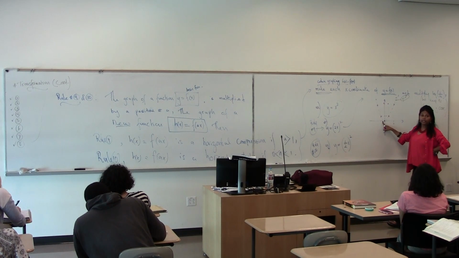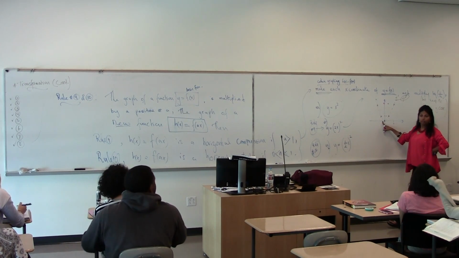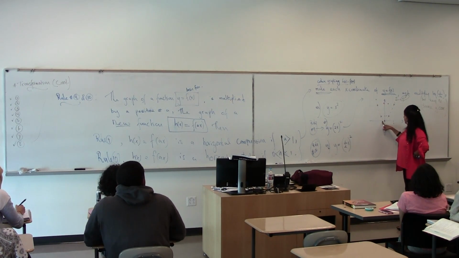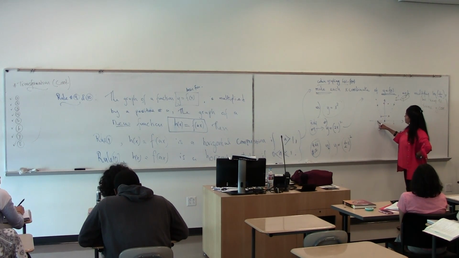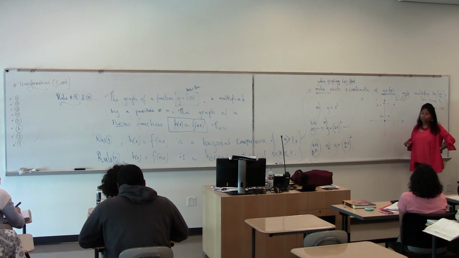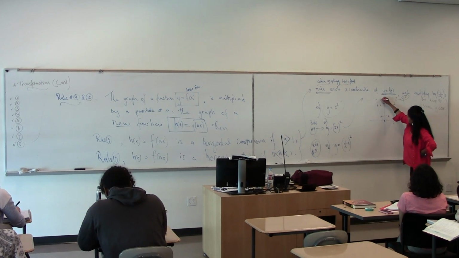Same thing, multiplied by 1/2. 1 multiplied by 1/2 is 1/2. Y coordinate is 1. Here the x coordinate is 2. 2 multiplied by 1/2 is 1. Then the y coordinate is the same, correct? So the new graph is what?